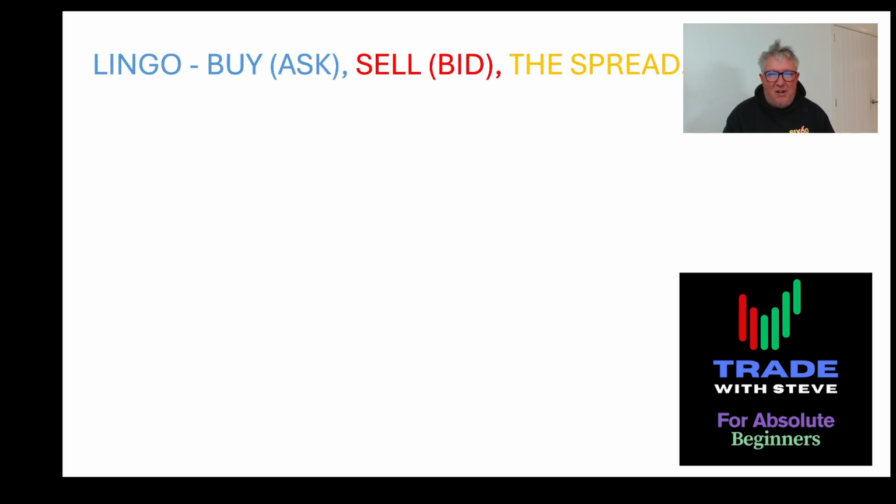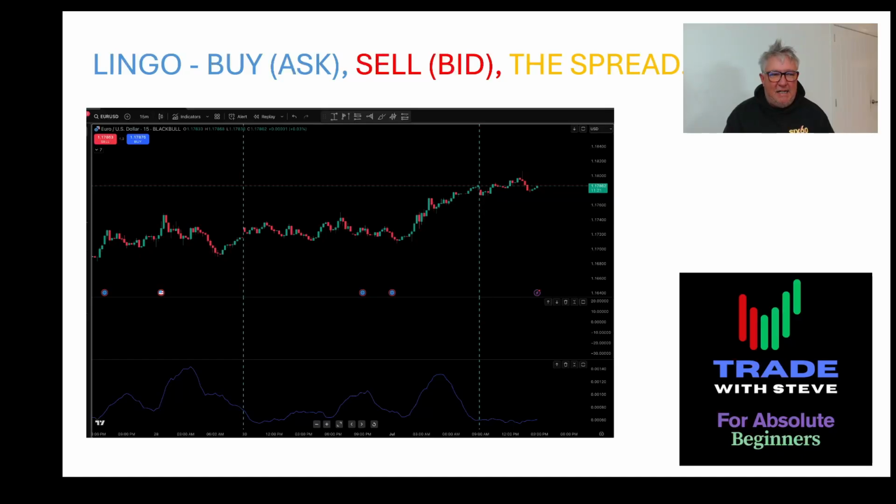Okay, a bit of lingo coming up here. Here's our chart again, and we are at market here. So this is just a picture of a live chart. We're at market, so whatever price is displayed on the right-hand side is the current price at the time. And I'm going to blow this up for you because there's a couple of little lines here.